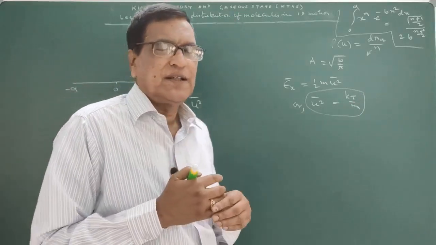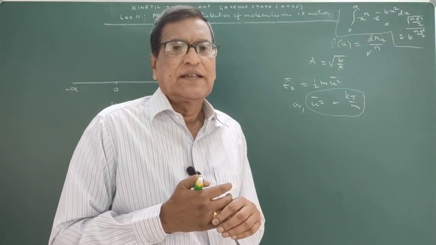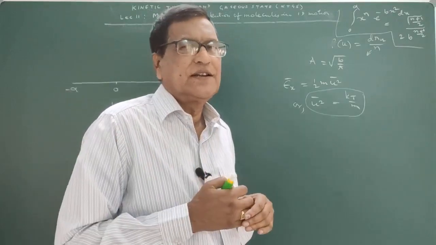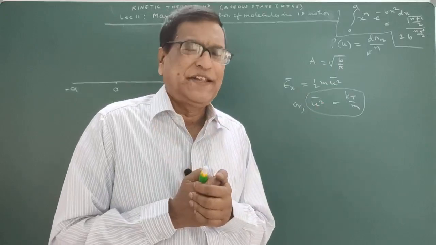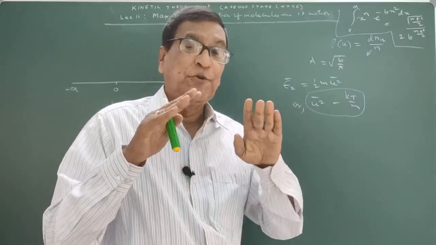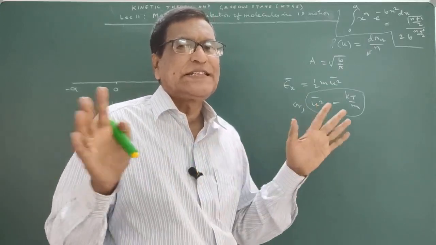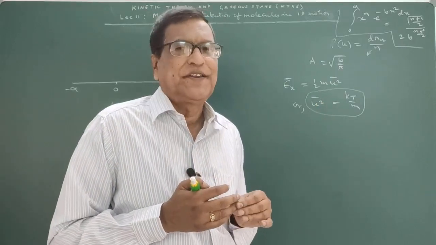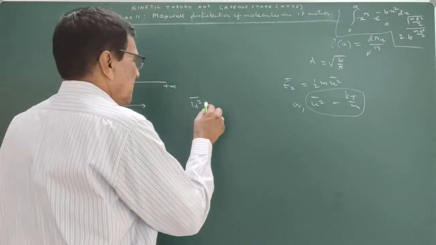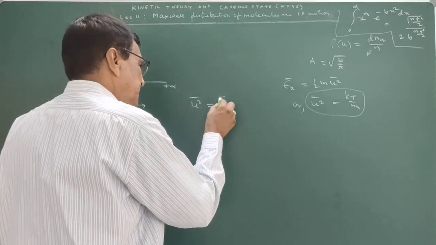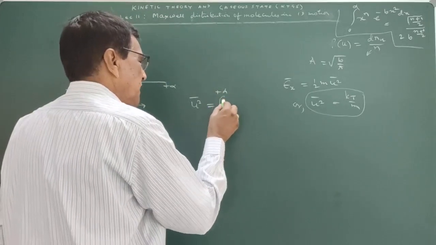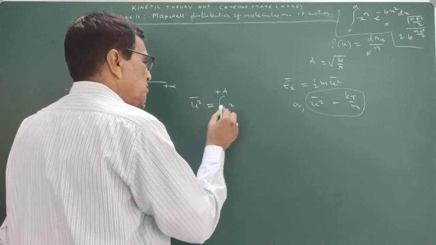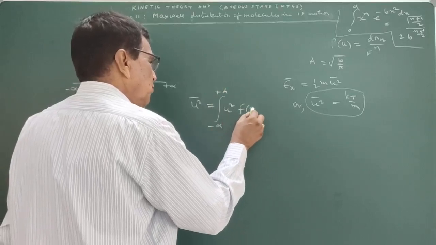Every distribution is utilized to find the average value of a particular property. If we know the distribution of that property, then u square bar is equal to the integration from minus infinity to plus infinity of u square f(u) du.